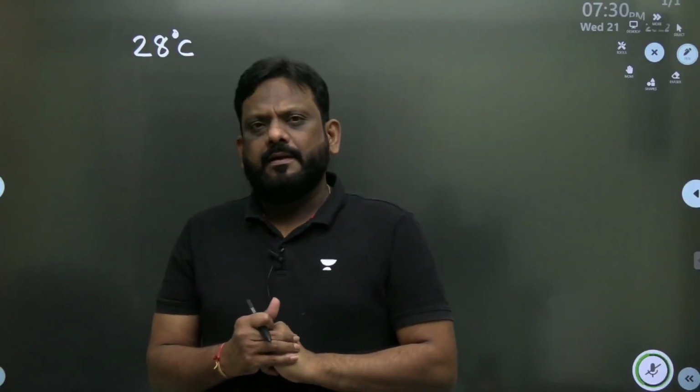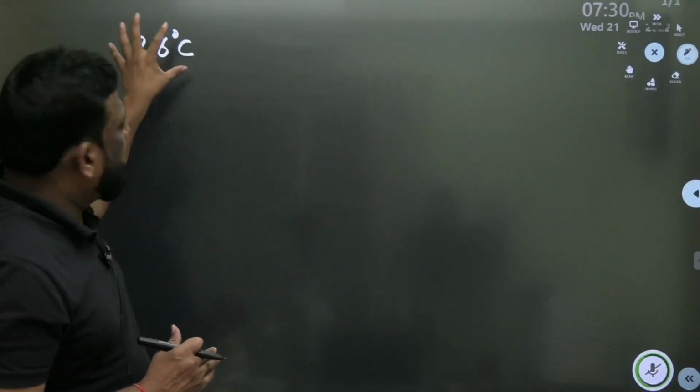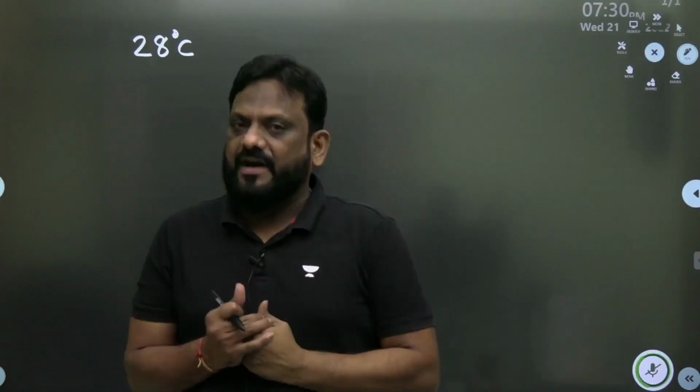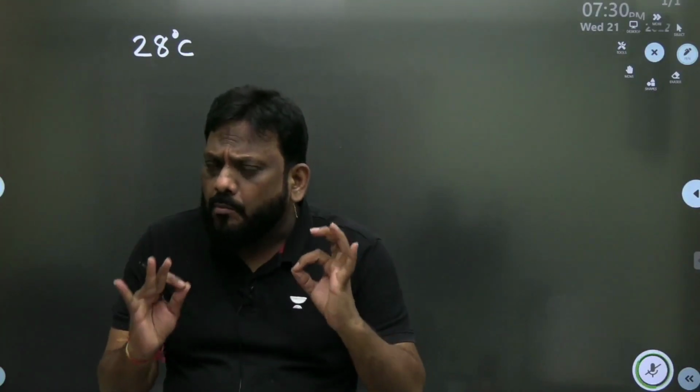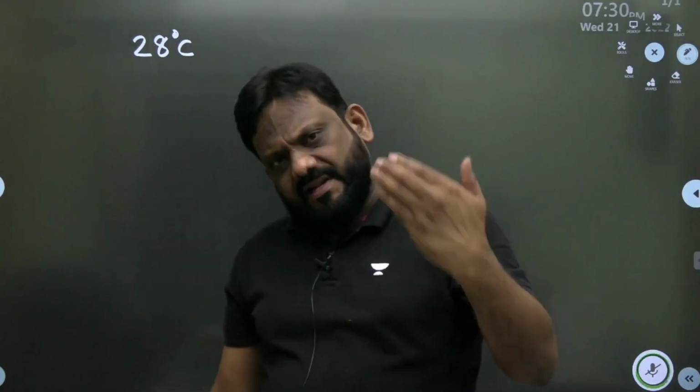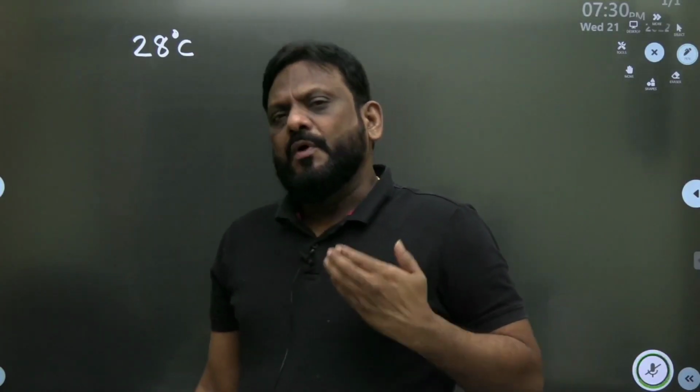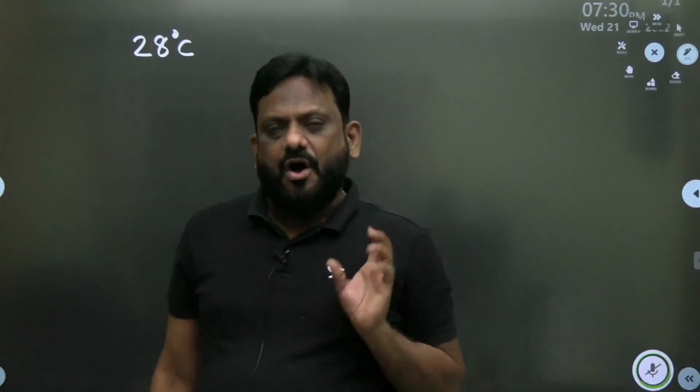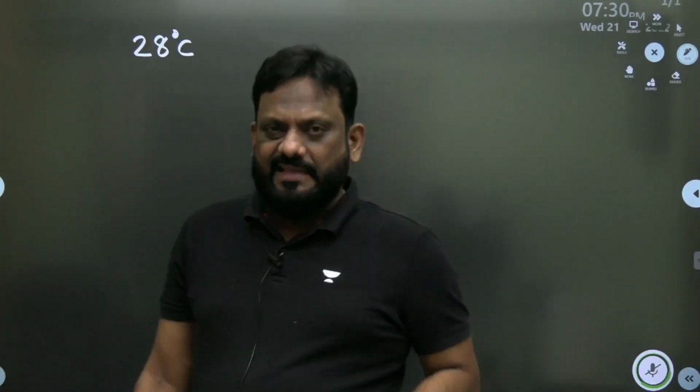If just one temperature, the dry bulb temperature, is given, not much you can infer. That's why one more parameter is required to know the quality of air, how much humidity is there in that air.